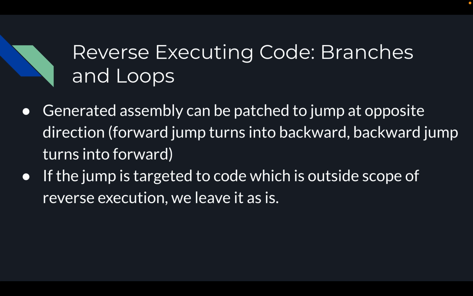Now, let's talk a little bit about branches and loops. Generated assembly can be changed so jumps go in the opposite direction, that is forward jumps turn into backward jumps and backward jumps turn into forward jumps. If the jump is targeted to code which is outside the scope of reverse execution, we can leave them as they are.